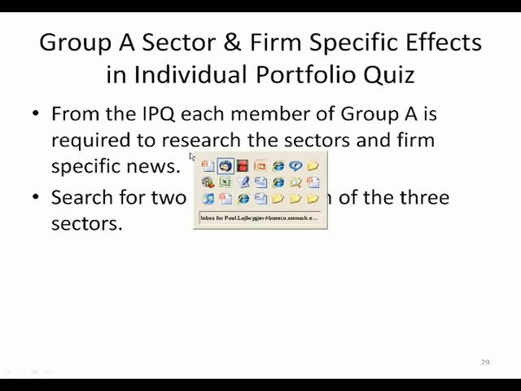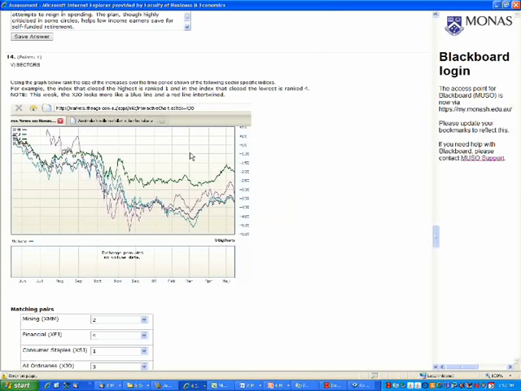So if we look at the individual portfolio quiz, starting at question 14, which is where the sector information begins, we can see first of all a graph of all of the sector performance for each of the sectors that we're interested in.